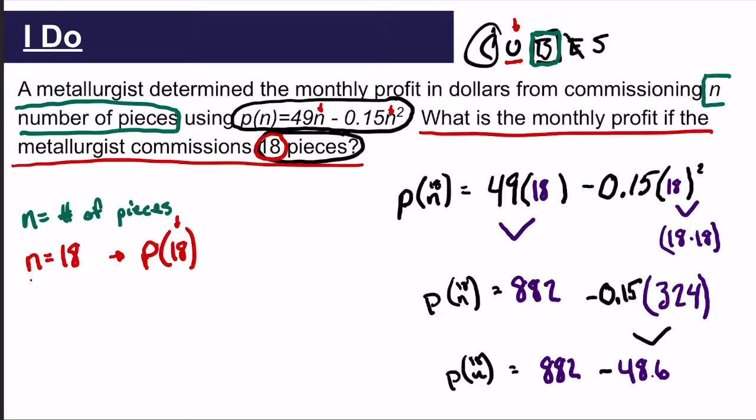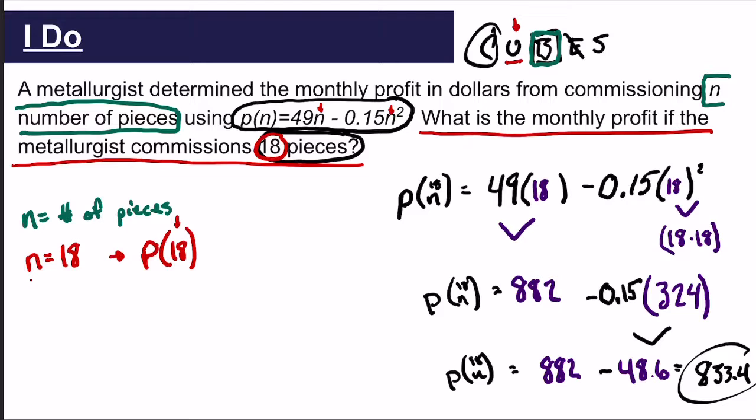From here, let's do our basic subtraction. I'm going to go from left to right. I'm not going to bring it down anymore because I'm running out of real estate. 882 minus 48.6 is 833.4. I'm going to circle that and bring that over here.